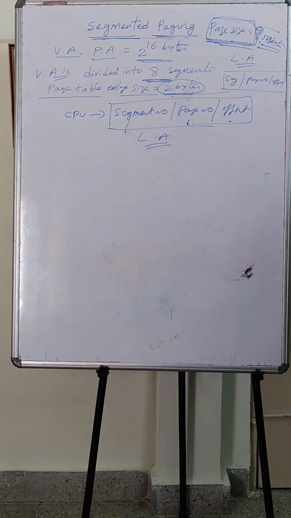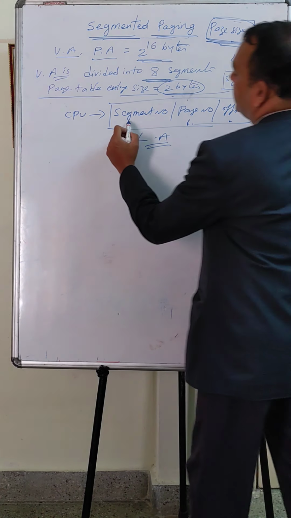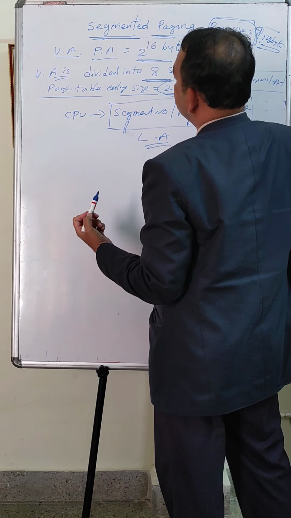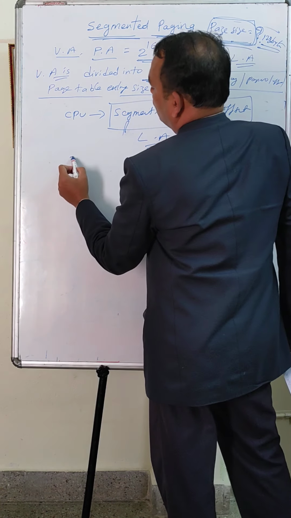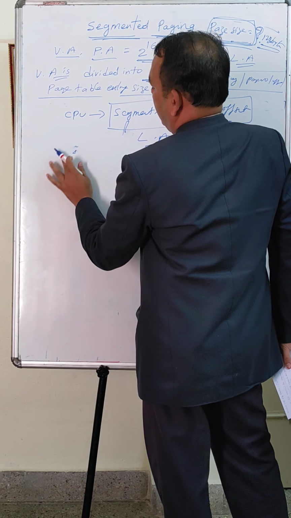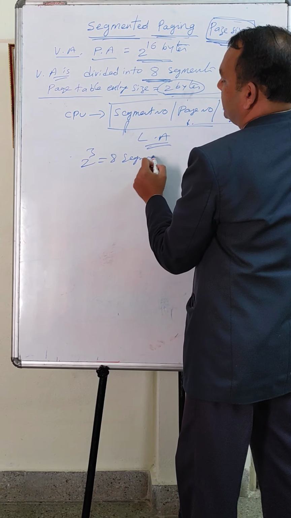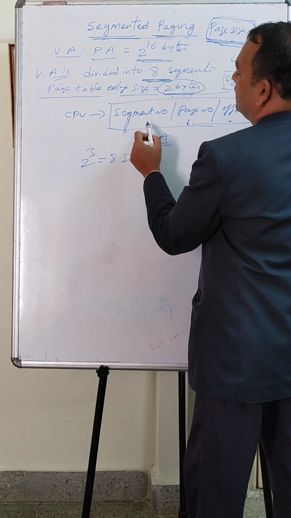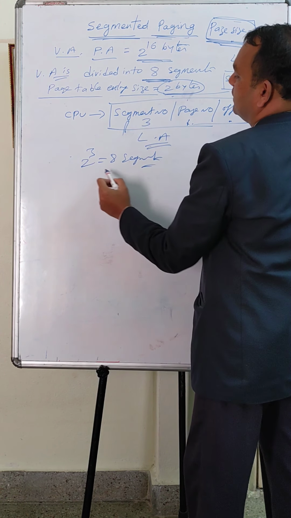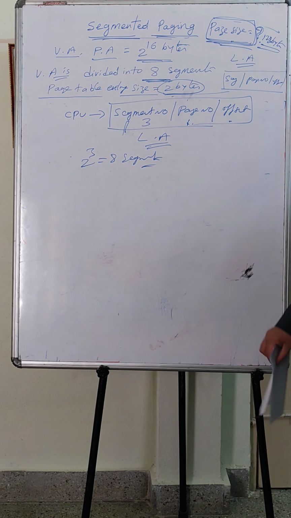Now the number of bits required for segment number. How many total segments? 8. So 2 power 3 is equal to 8 segments. So how many bits do we need here? 3 bits we need for segment number.